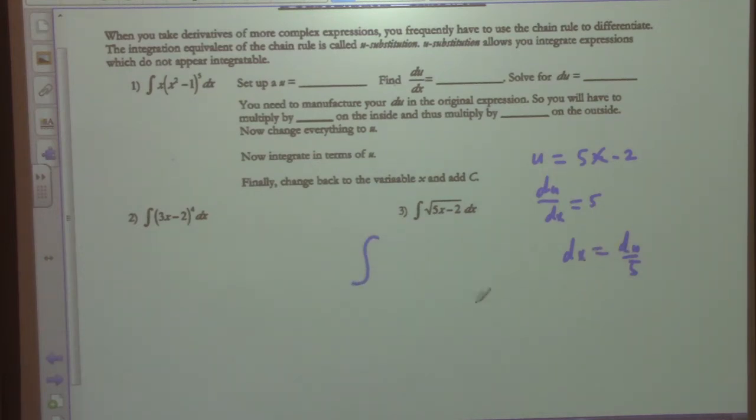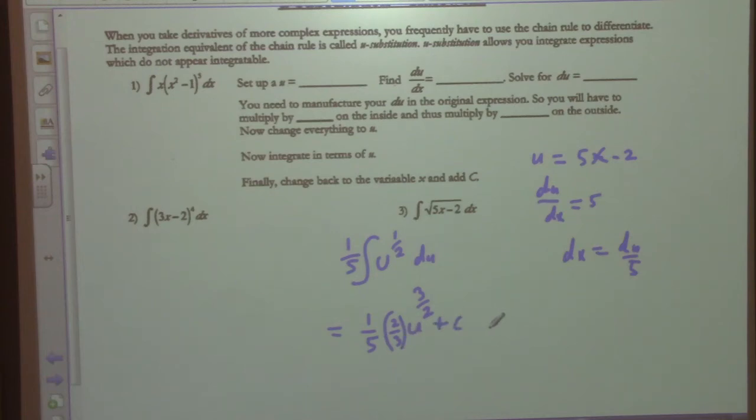So here we have u to the 1/2 power, and we have 1/5 out here. So 1/5 u to the 1/2 du, and that equals 1/5 times u to the 3/2 over 3/2, which means we're multiplying by 2/3, plus c.